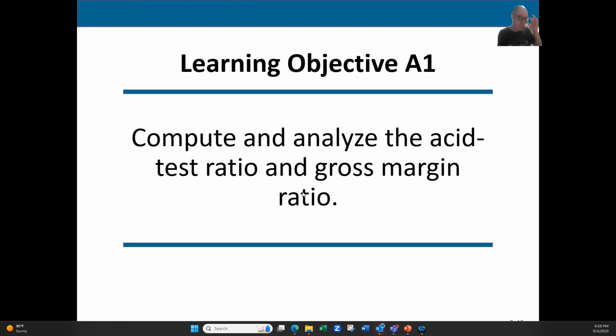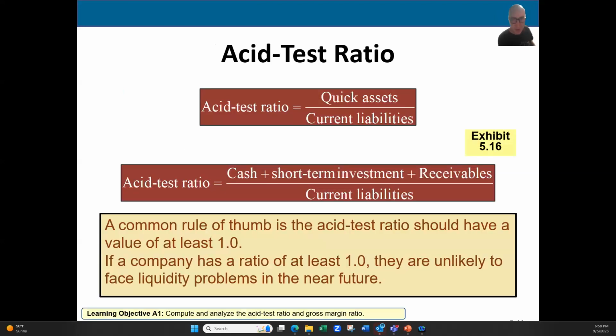And of course, a couple of ratios. These ratios help us to quickly compute things and give us an idea of how functional the business is based off of their ability to quickly convert things into cash. It's called the acid test ratio. A ratio of 1 or higher is good.